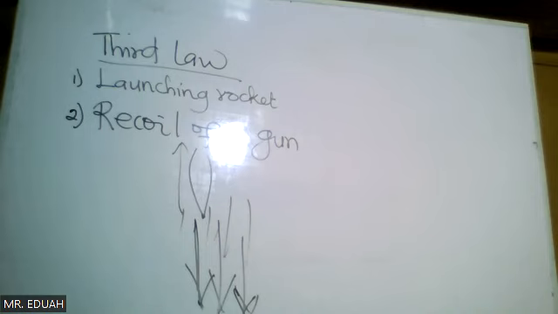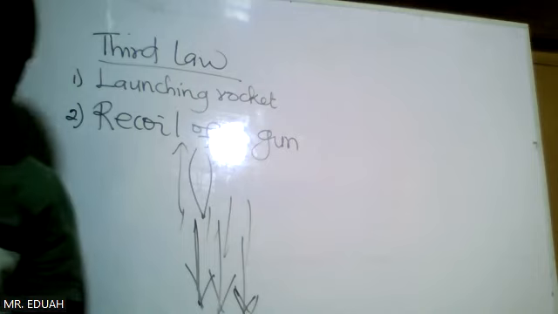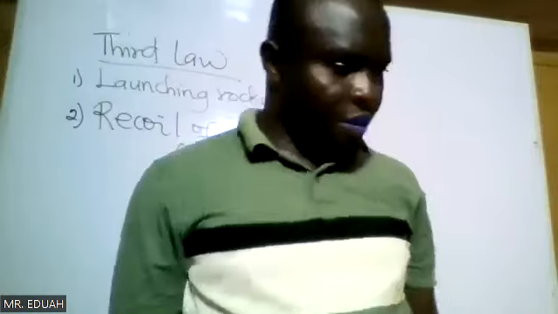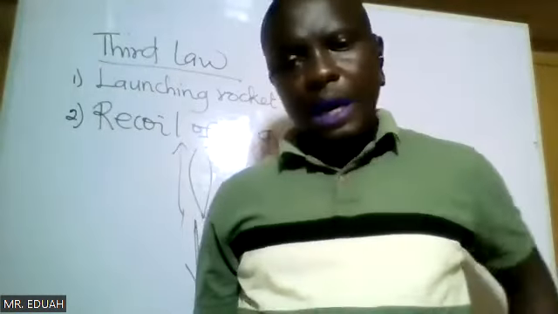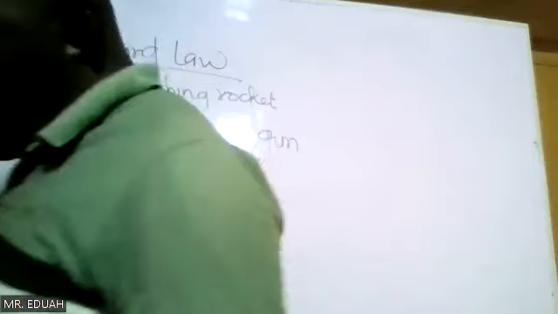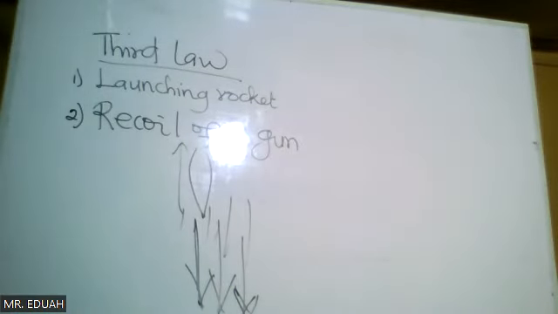Sir, please, can we say the use of a catapult is Newton's first law? How would you explain that in line with catapulting? Sir, when you hold a catapult and you aim, the stone is stationary.